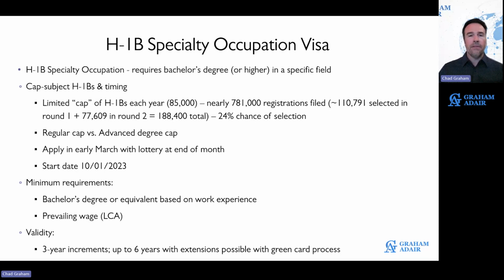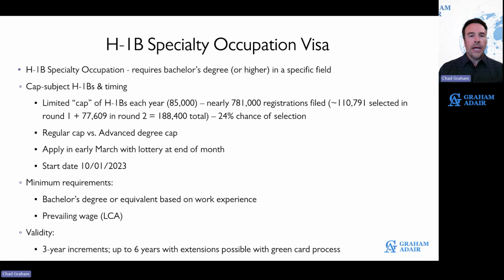That was really the case this year. They actually did a second round of selections because there were so many duplicates, and they ended up accepting 188,400. So initially we thought the chances of selection this year were really low, but actually it was closer to what we've seen historically, which is about a 25% chance of selection.